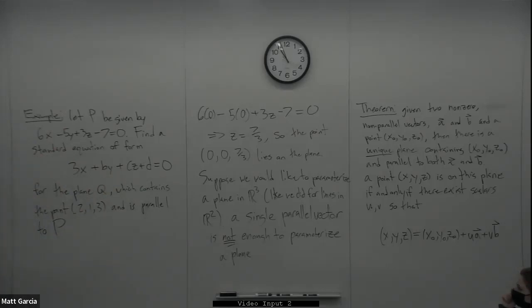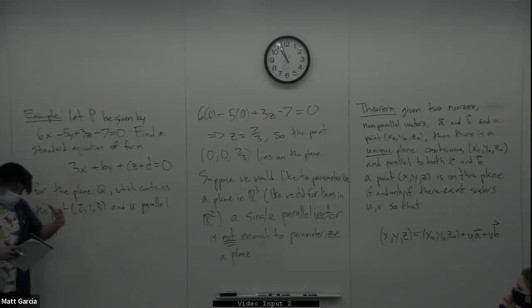So let me give you a word of advice here. Let's try to ensure that P is parallel to Q first. And then after that, we'll check to see how we can make the point 2, 1, 3 necessarily lie on Q. So how should we go about ensuring that Q is parallel to P?